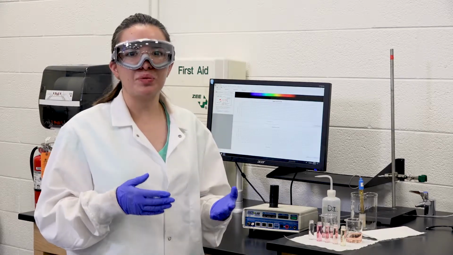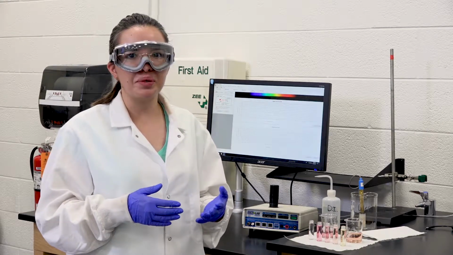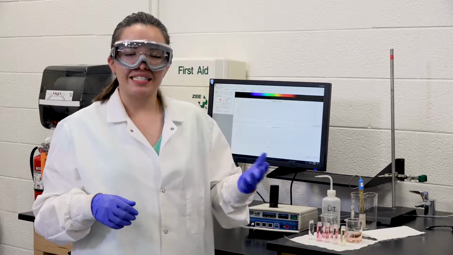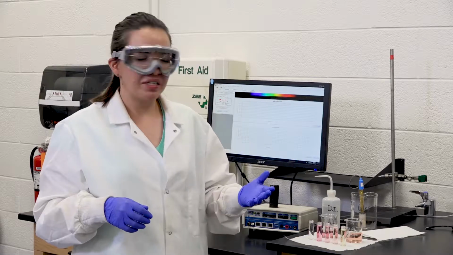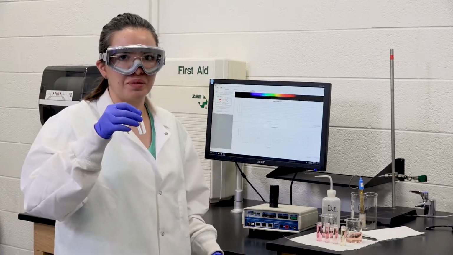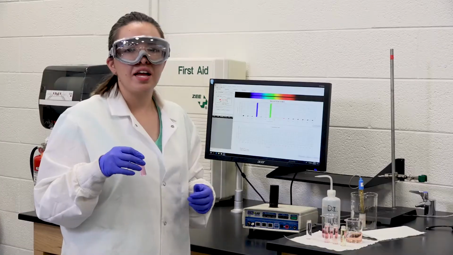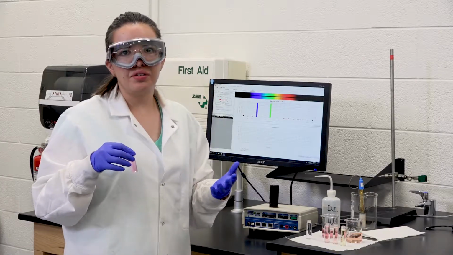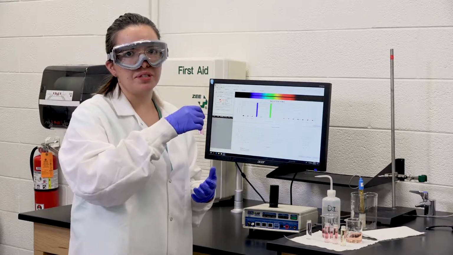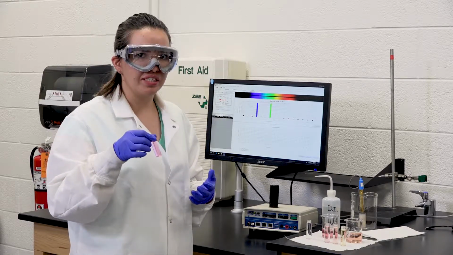In this case, we want to look at 525 nanometers and 430 nanometers. As is the case when we begin measurements, we're going to insert our blank to calibrate the instrument. Now, I'm going to continue by placing our vials of the different solutions into the spectrophotometer and measure their absorbance and transmittance.